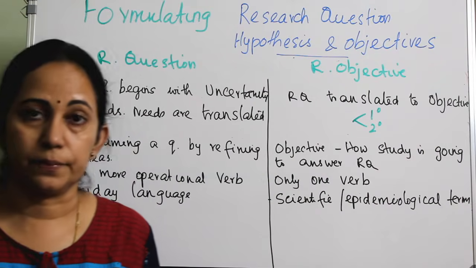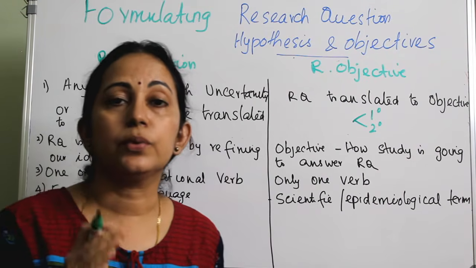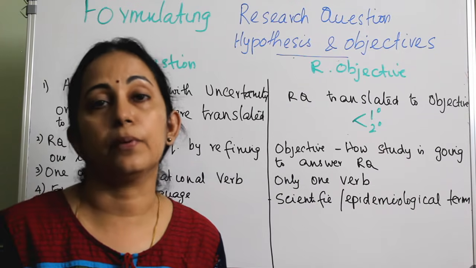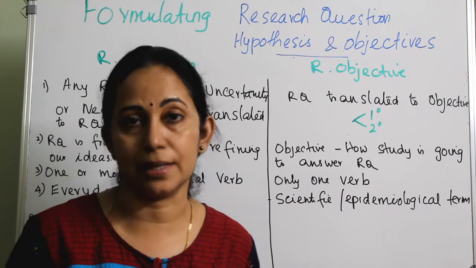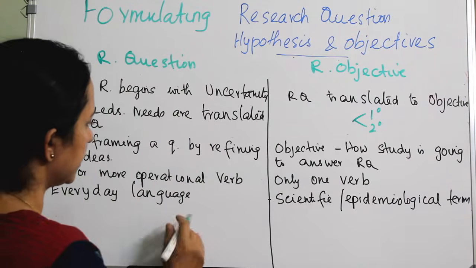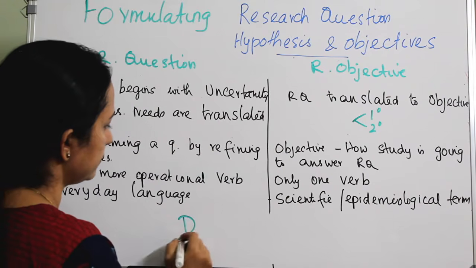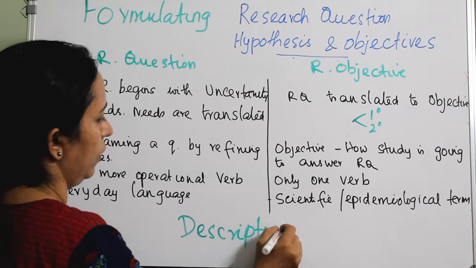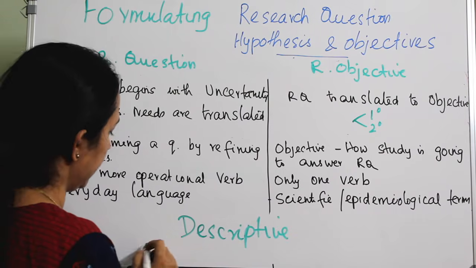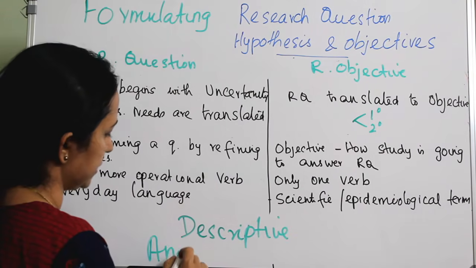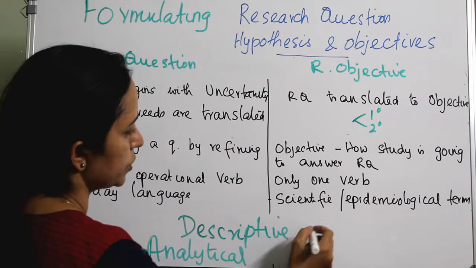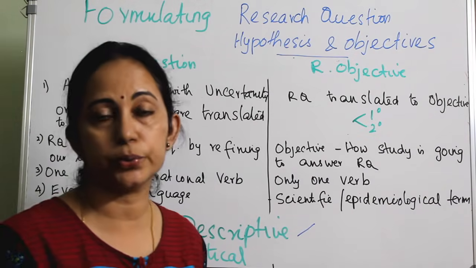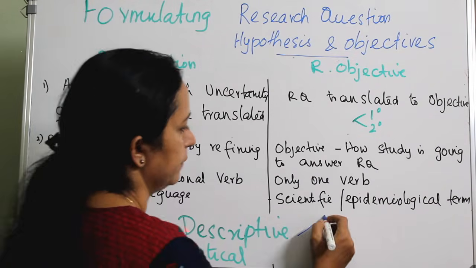Which verb we use? First, you have to have a thorough idea of the type of study or the study design. If it is a descriptive study, or whether it is an analytical study or an experimental study. A descriptive study, we usually use the term to estimate or to describe.